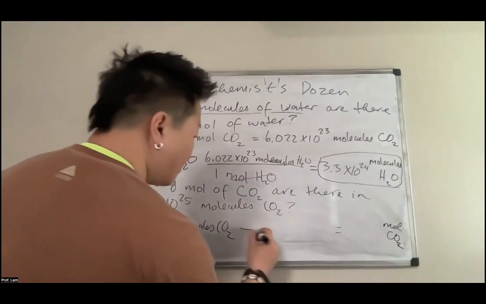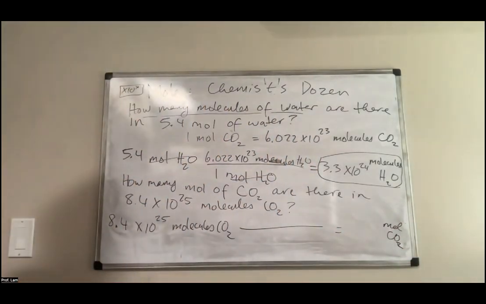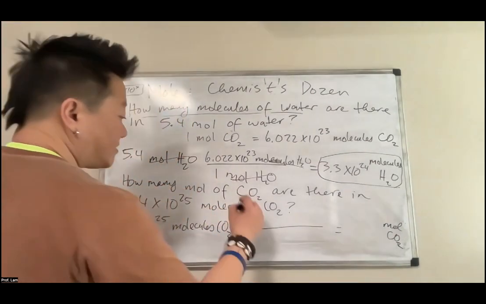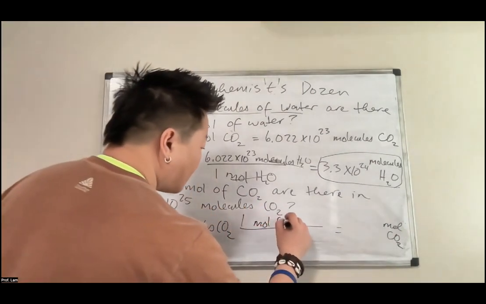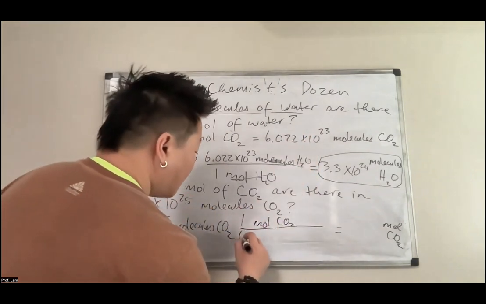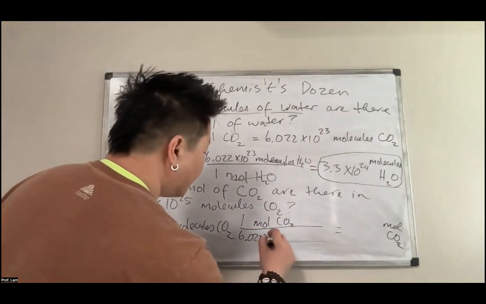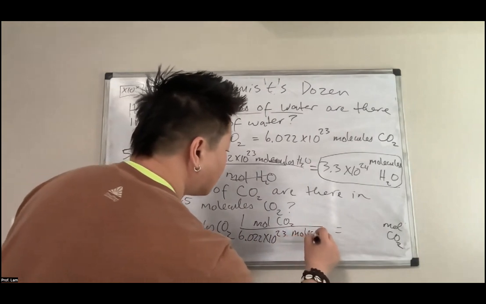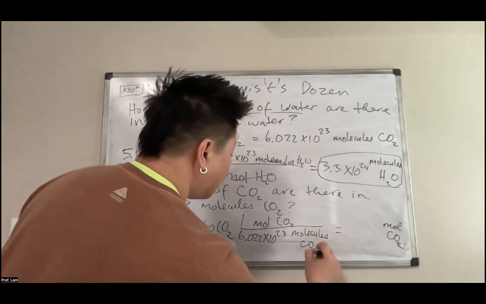Okay, so division line. Now what goes on top? What goes on bottom? We want mole of CO2 out. So 1 mole of CO2 is going to go on top. On bottom, 6.022 times 10 to the 23rd molecules of CO2.